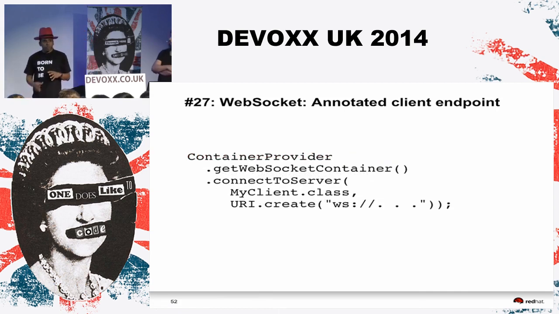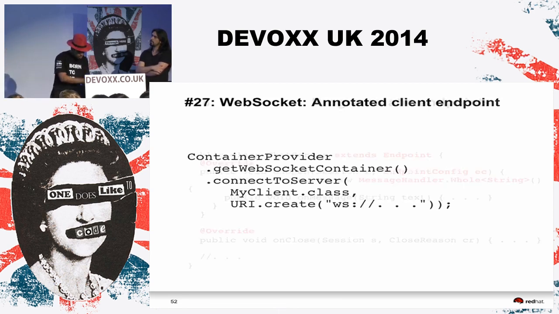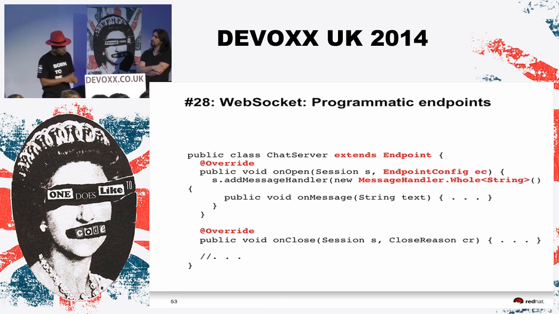Most of the time, your annotated endpoint would work out of the box because it's simple, easy to use, easy to get started. But let's say you need more knobs and dials, that I want to control how my connection negotiation is happening, what headers are coming back and forth, how the whole payload is being exchanged. That's where you get into your programmatic endpoint, which is the next slide here. So what I do in this case is, I'm saying my chat server is now going to extend Endpoint.